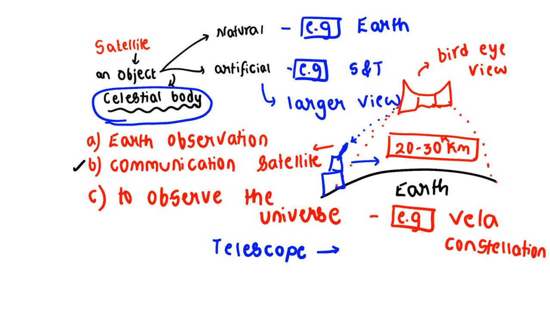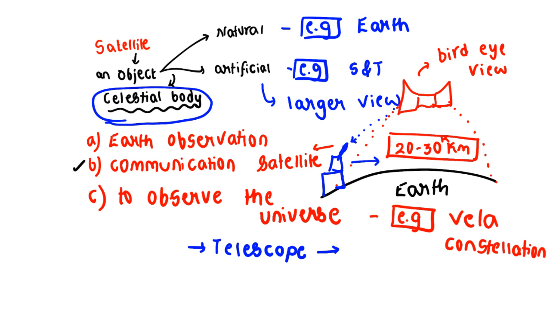When clouds come in the middle of your observations, you lose the most important observations. So clouds act as barriers, and dust particles in space also act as barriers to observing outside objects. So rather than using a telescope, the better way is to use satellites, and placing these satellites in space is the most important and useful approach. So satellites are very important.